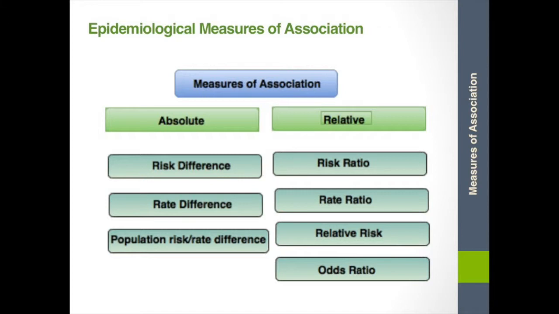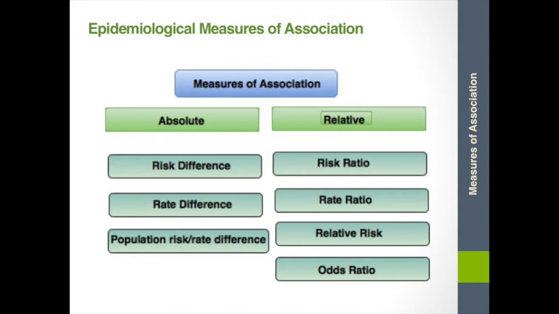Absolute measures subtract one frequency measure from another and give information about the public health impact of the exposure. Relative measures divide one frequency measure by another and give information about the strength of the relationship between an exposure and a disease. The formulas are simple.